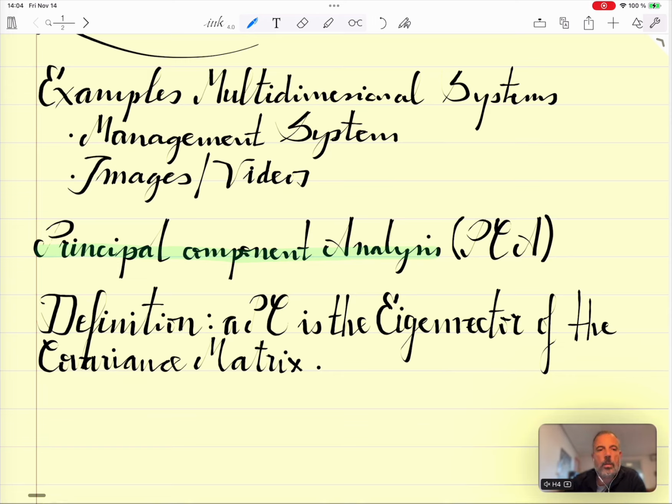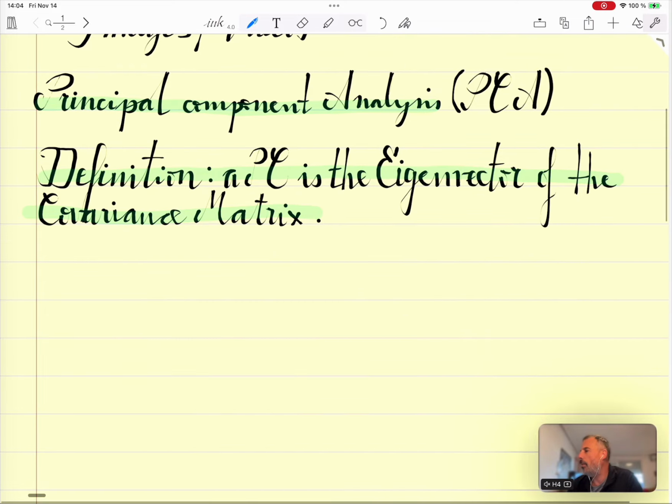So the eigenvector of the covariance matrix. For this we need to know what the covariance matrix is. We will define everything. It's just a short reminder from statistics. But first the intuition.